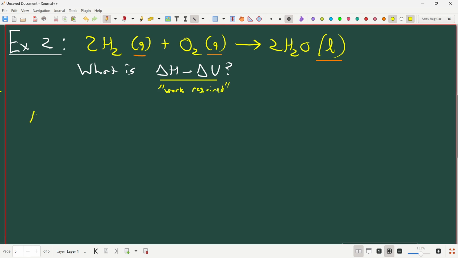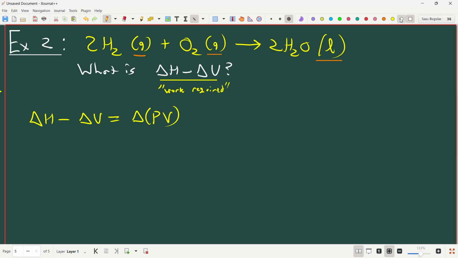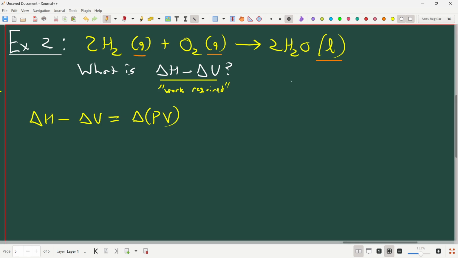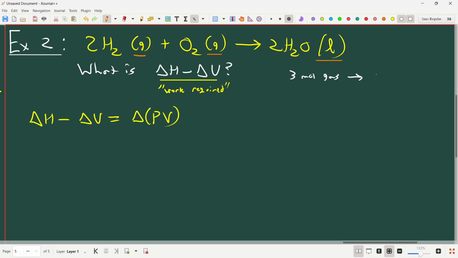And delta H minus delta U, by definition, is the change in the PV work. So we have 3 moles of gas going to 2 moles of liquid.